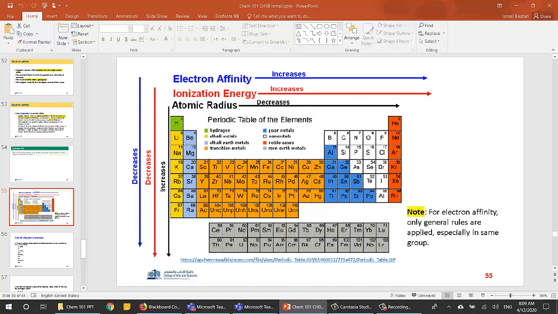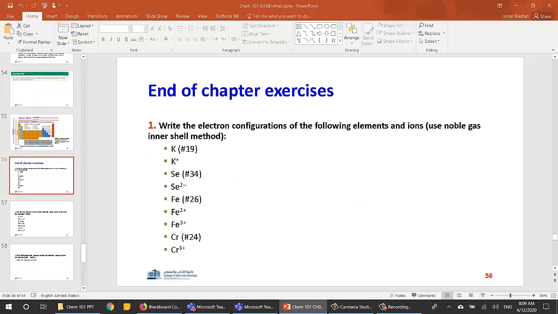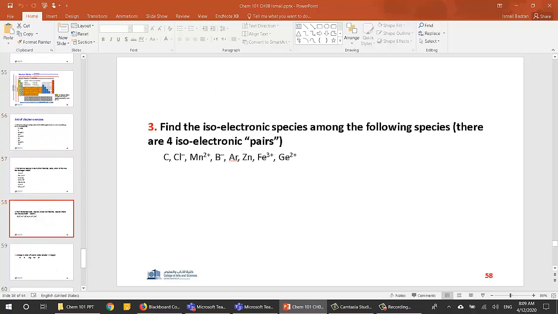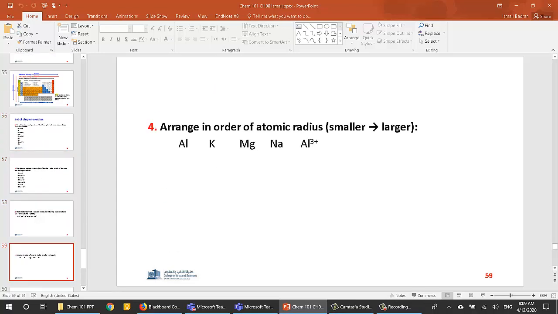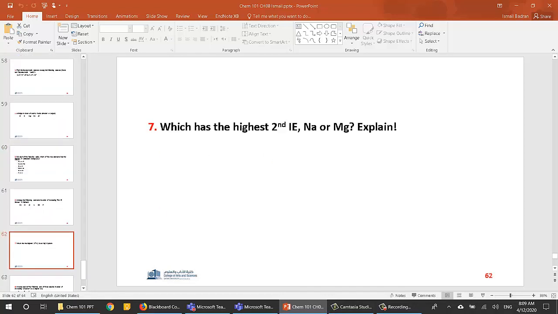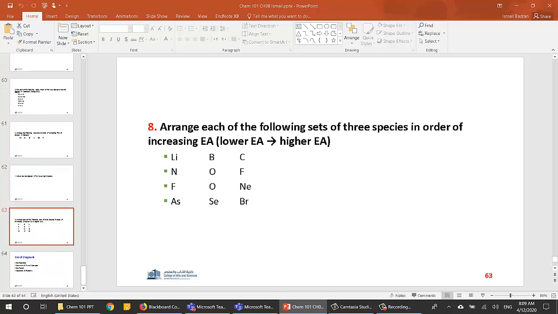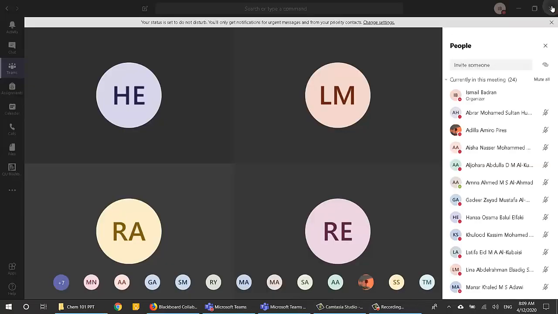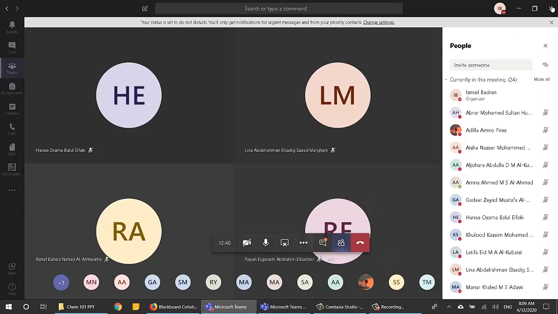Okay, I will leave you to practice these questions at the end of the chapter, as well as all the questions in the book and the McGraw-Hill Connect questions, and hopefully you practice this and score high marks, inshallah, in the final exam. From here, I will move on to chapter 9 now, unless you have any questions on this chapter.